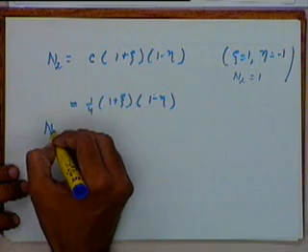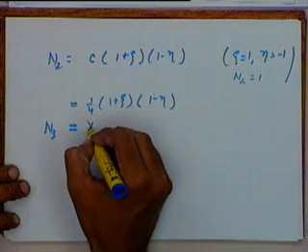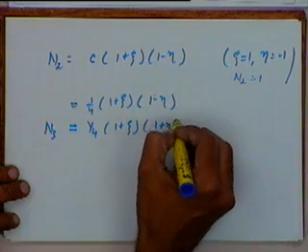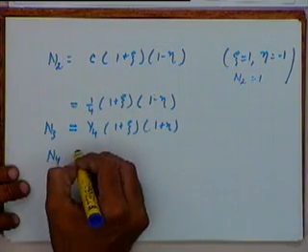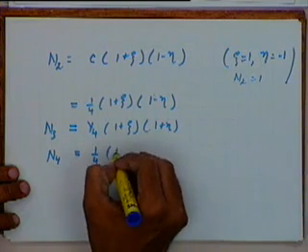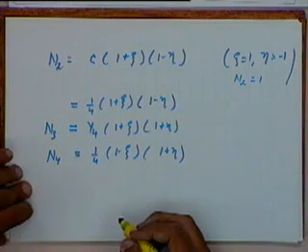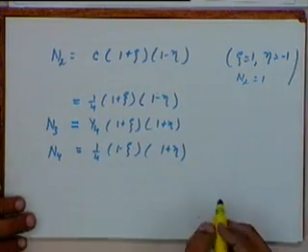and similarly we can get n3 and n4. n3 will be 1/4 of 1 plus zeta into 1 plus eta, and n4 will be 1/4 of 1 minus zeta into 1 plus eta. We will get the 4 shape functions like this.